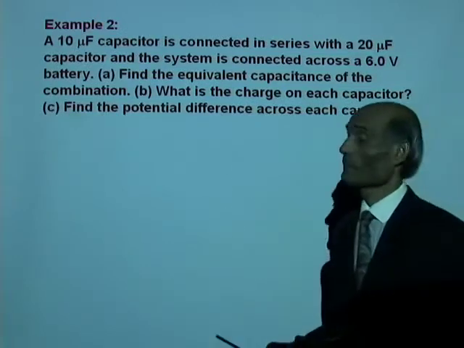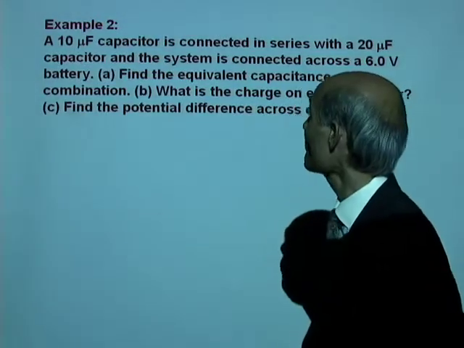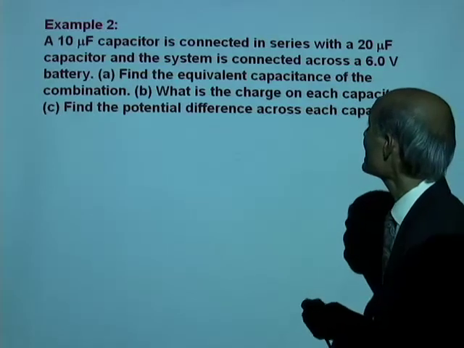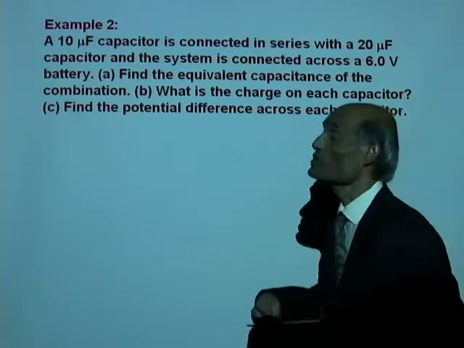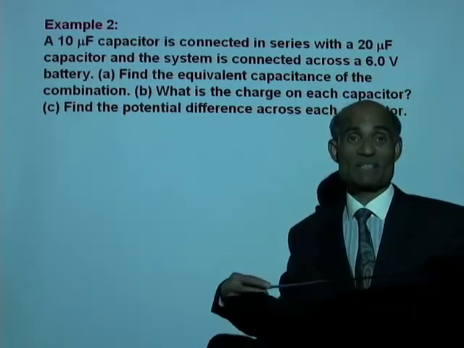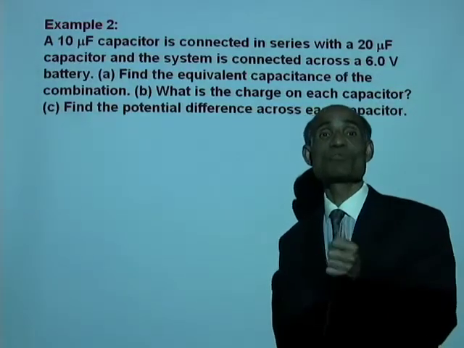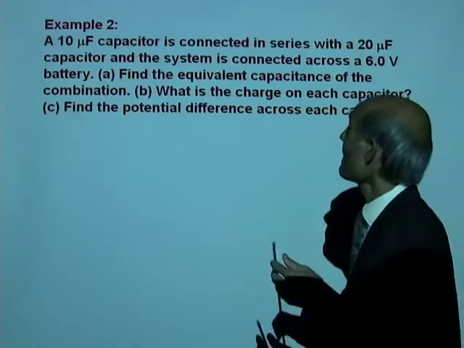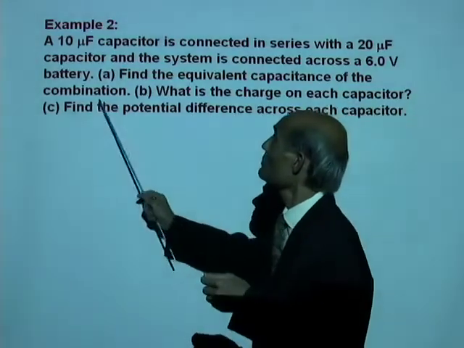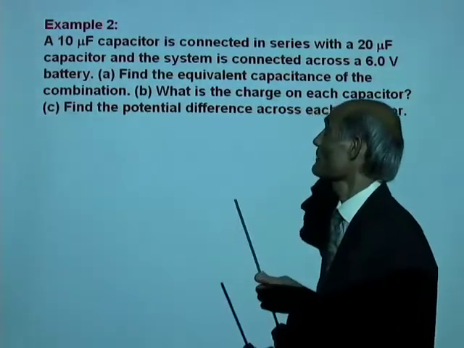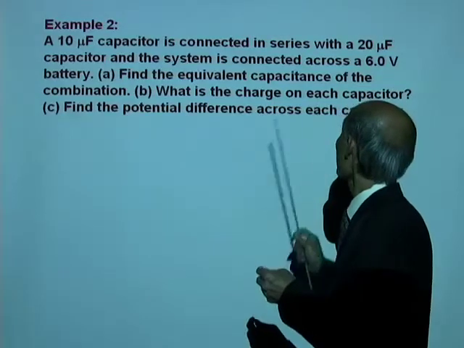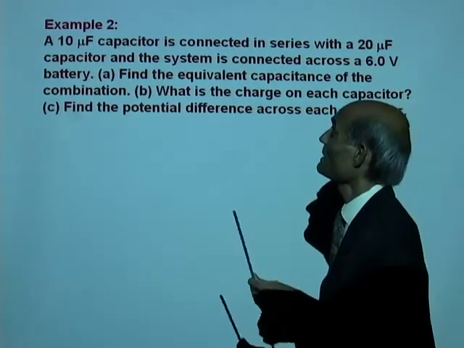Let's do a problem. A 10 microfarad capacitor is connected in series with a 20 microfarad capacitor, and the system is connected across a 6-volt battery. A, find the equivalent capacitance of the combination. B, what is the charge on each capacitor?